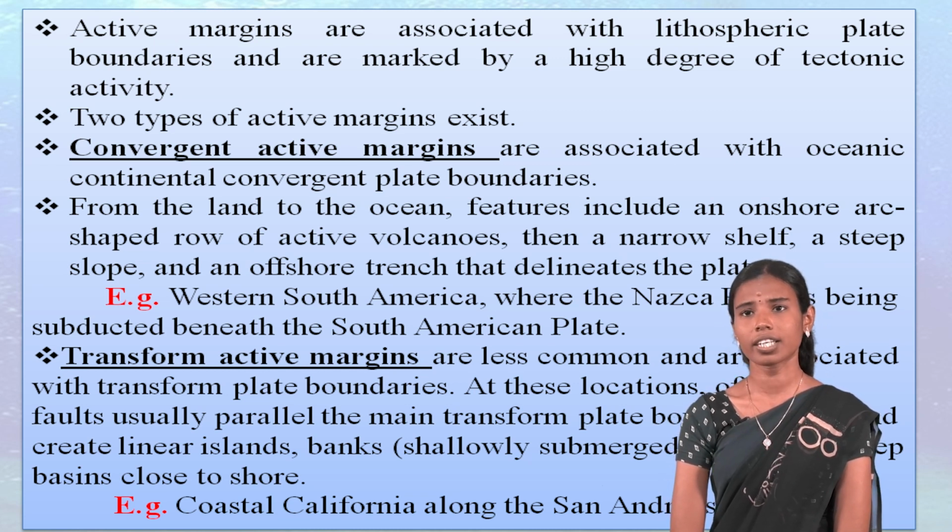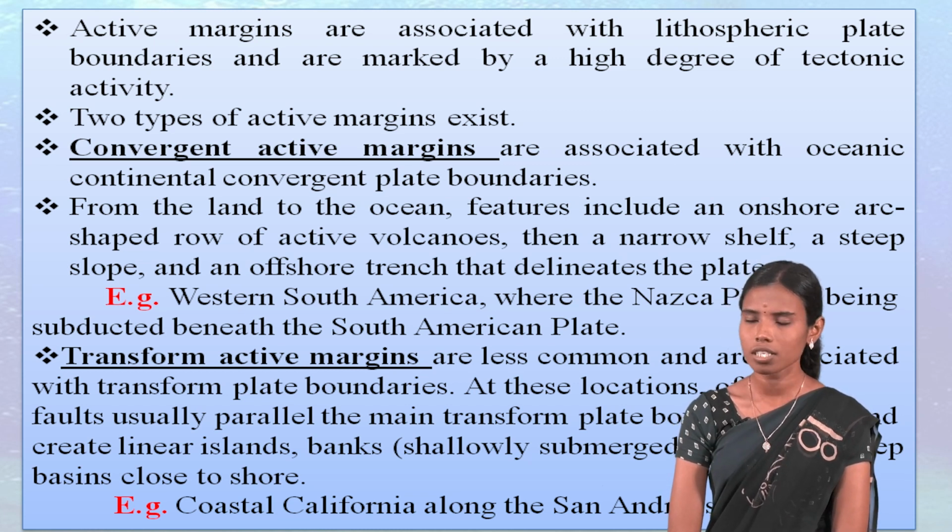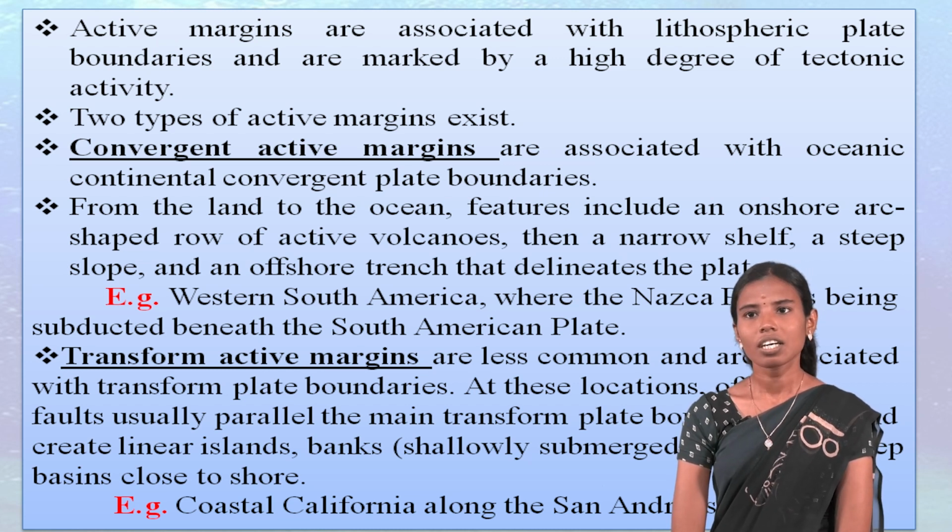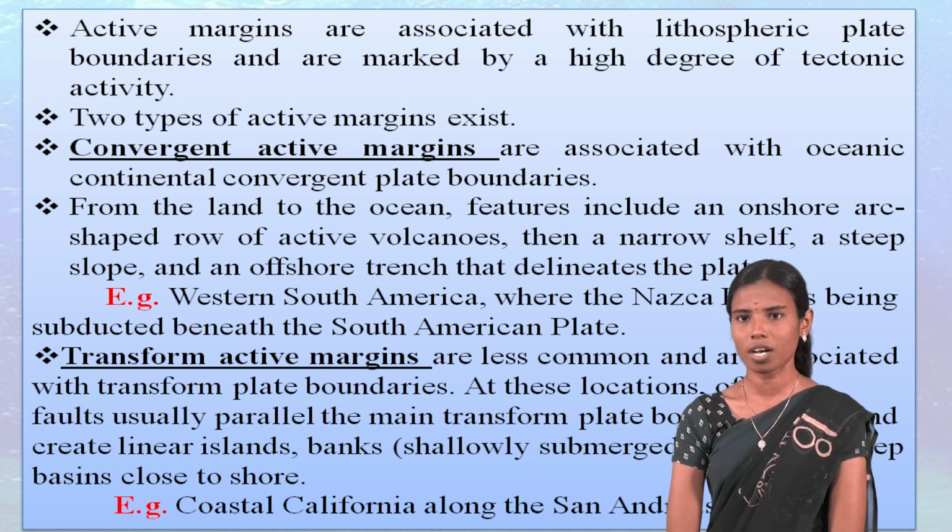The active continental margin is also divided into two: the convergent active margin and the transform active margin. Convergent active margins belong to the convergent plate boundary and transform active margins belong to the transform plate boundary.